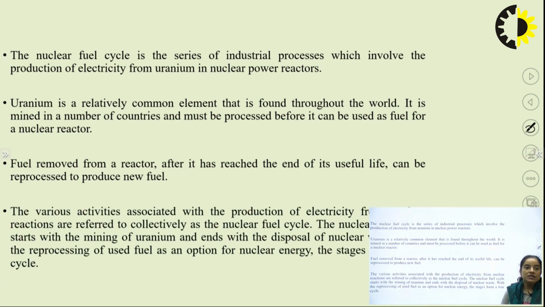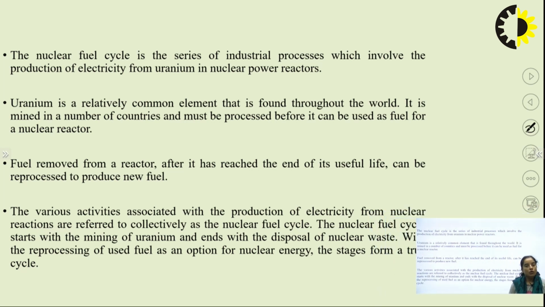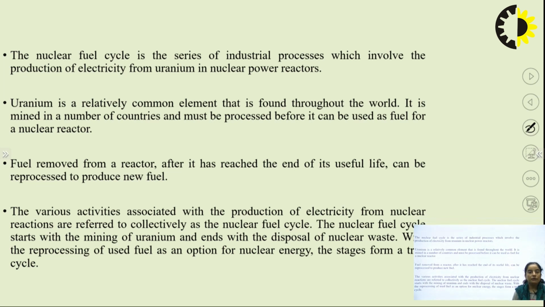The various activities associated with the production of electricity from nuclear reactions are referred to collectively as the nuclear fuel cycle. The nuclear fuel cycle starts from the mining of uranium from its mines, and ends with the disposal of the nuclear waste after producing electricity.